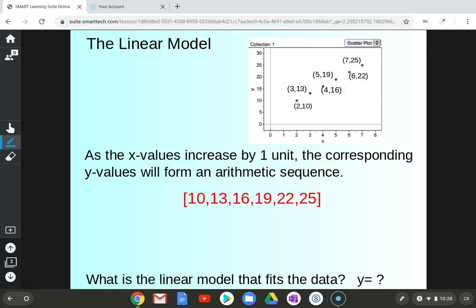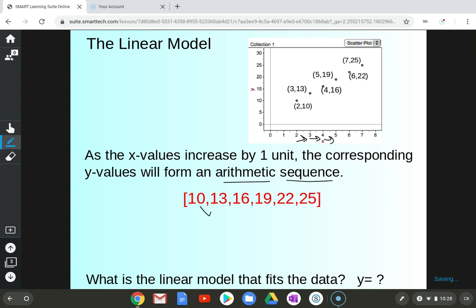So the first type of function, which you should be very, very familiar with, is a linear function. And so what we have here is we have some points plotted. And what you notice about linear functions is that as x moves forward by 1 place, your y value needs to form what's called an arithmetic sequence.